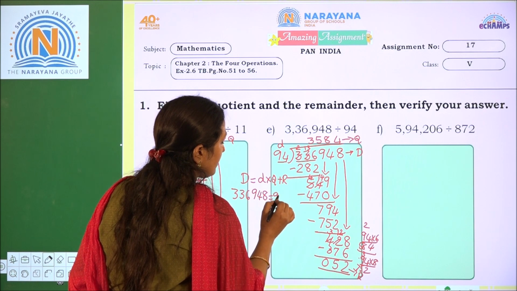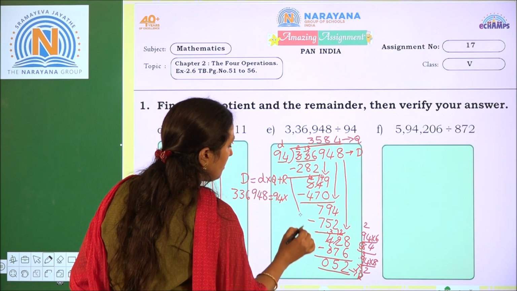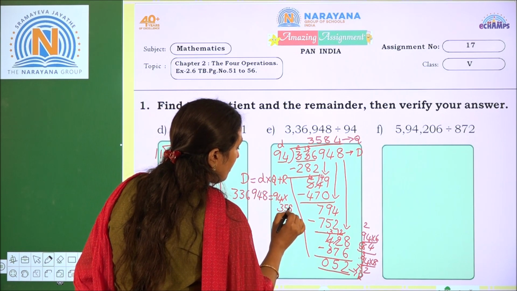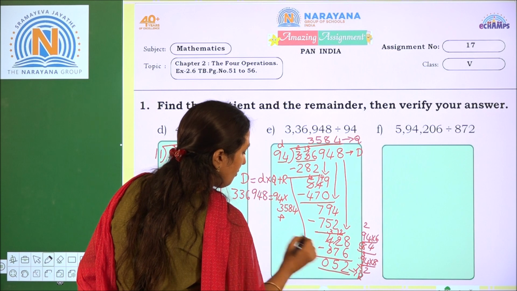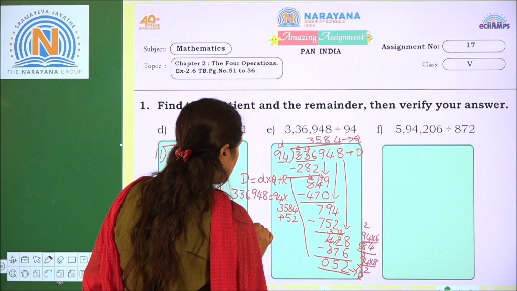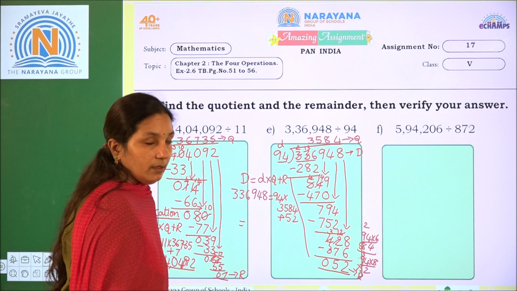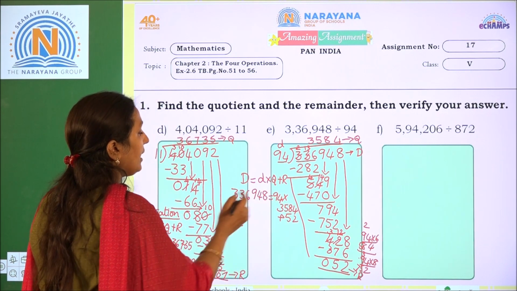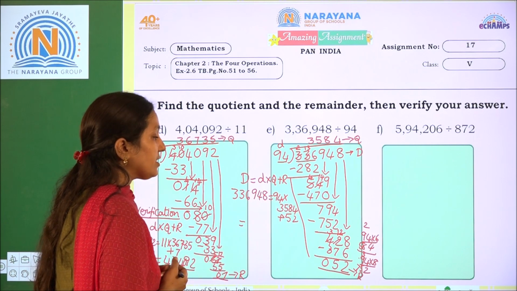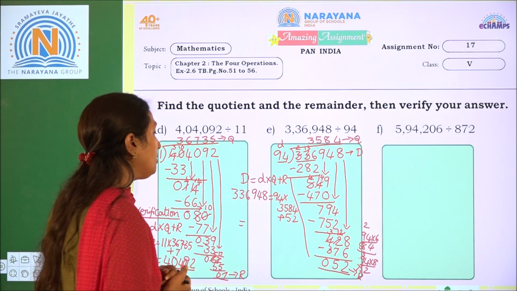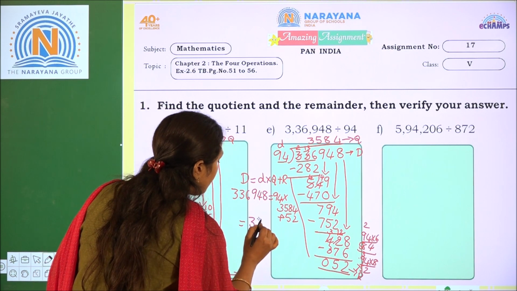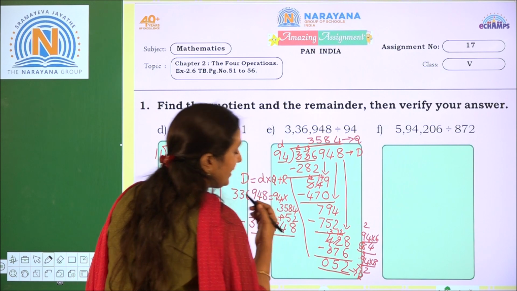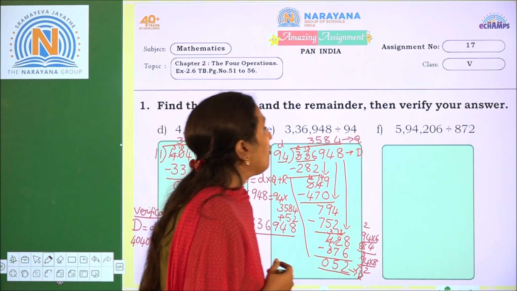So divisor is 94 into 3,584 plus 52. Okay. So while doing here, first we have to multiply, then only we have to add. 94 into 3,584 plus 52, you will get 3,36,948. Got it, children? Coming to next one.